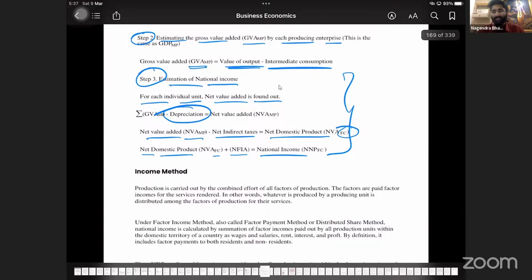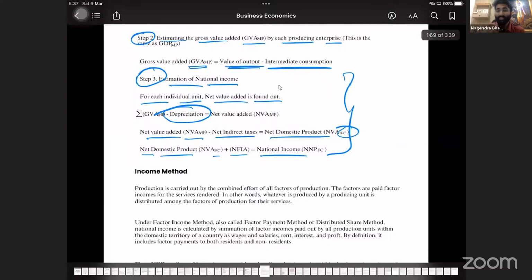We will get net national product at market price. Later, we discussed how to calculate gross domestic product at factor cost: gross domestic product at market price minus indirect taxes plus subsidy. We will get gross domestic product at factor cost. Sir, how to calculate net domestic product at factor cost? Gross domestic product at factor cost minus depreciation.